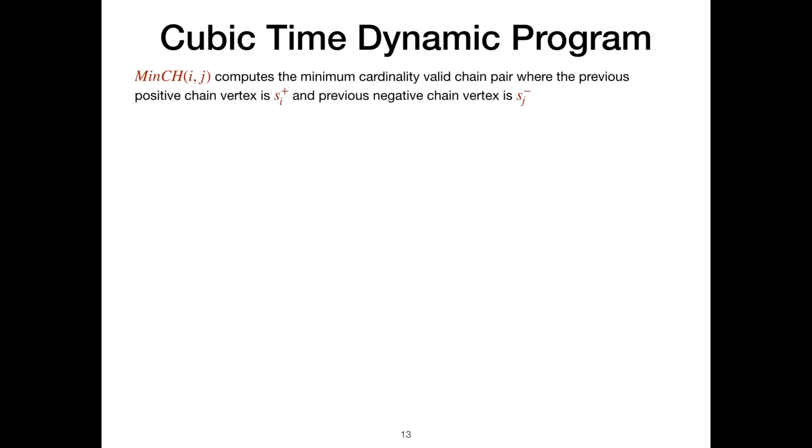We use min_ch_ij to denote the minimum cardinality valid chain pair where the previous positive chain vertex is S_i plus and the previous negative chain vertex is S_j minus. For now, we assume the leftmost segment S_1 is a single point, so our initial call is min_ch_11. Since S_1 is a point, S_1 plus and S_1 minus are the same.